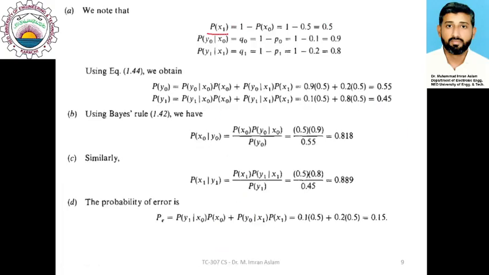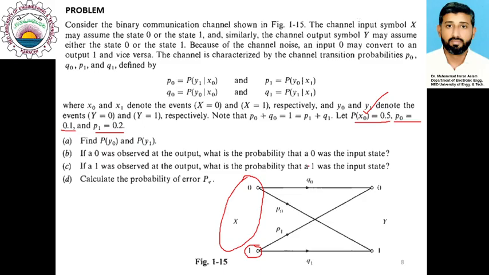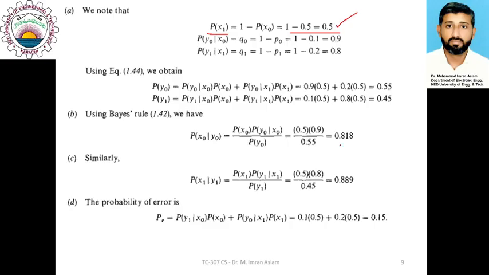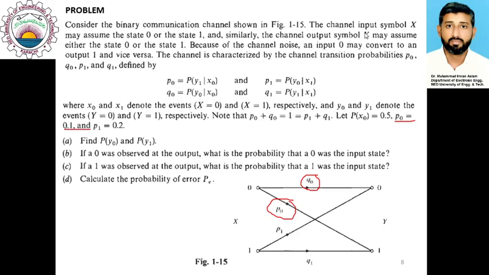Similarly, the probability of error P0 is 0.1, so the probability of correct transmission, Q0, can be calculated by subtracting this from 1. So Q0 would be 1 minus 0.1, which is 0.9.